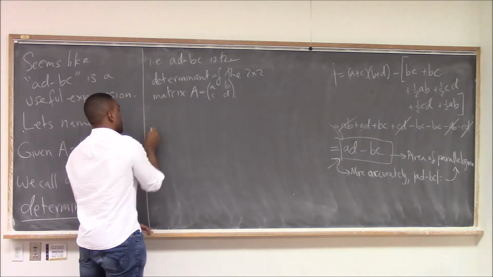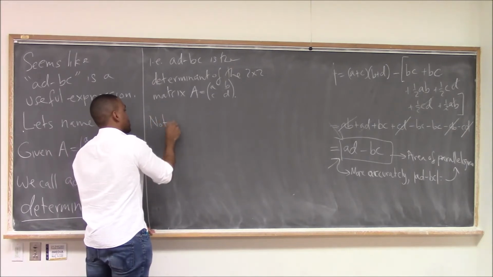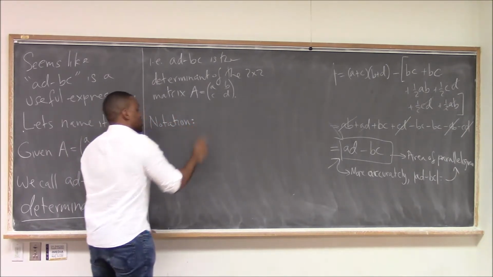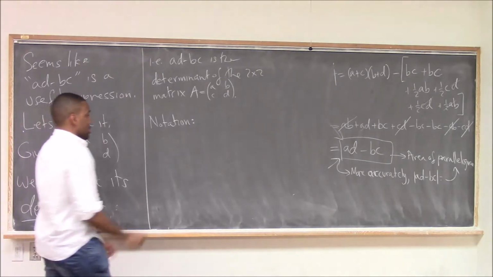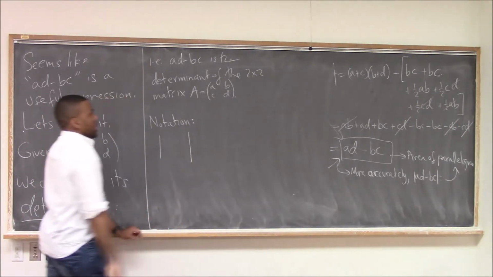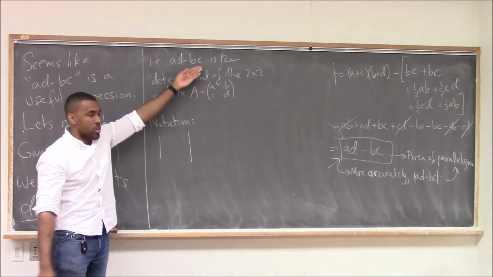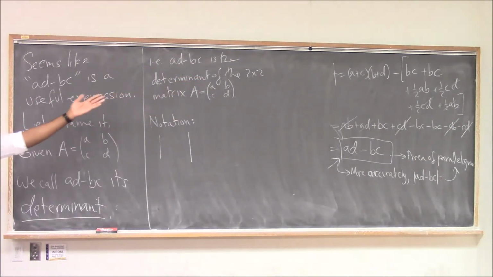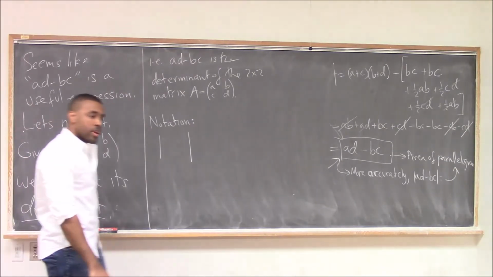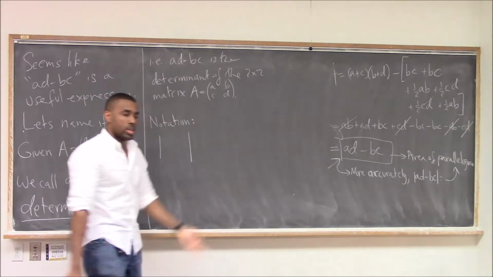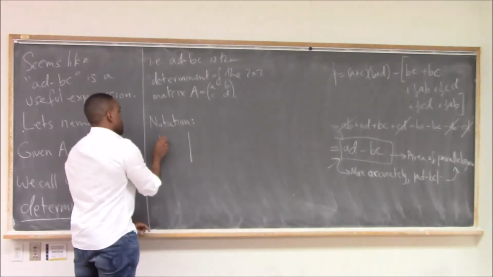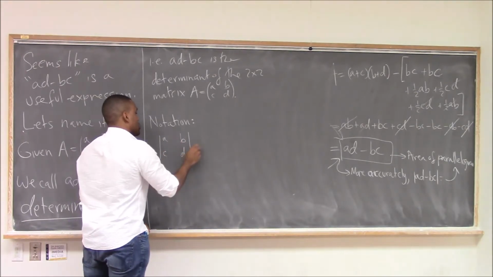Now let's talk about notation. There are two ways I can denote this. One, it sort of gives me a real number, right? Because if these are real numbers, that's going to be a real number. So it seems to be some sort of magnitude. It's not a vector. It's really a scalar quantity. So we use the magnitude notation to describe it.